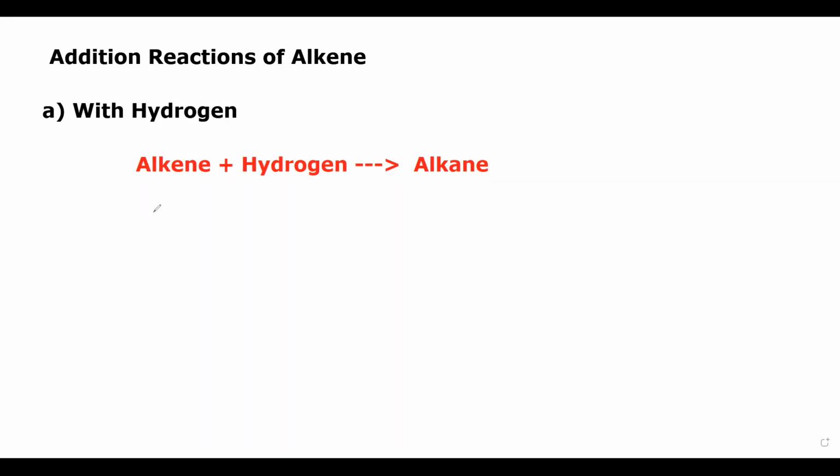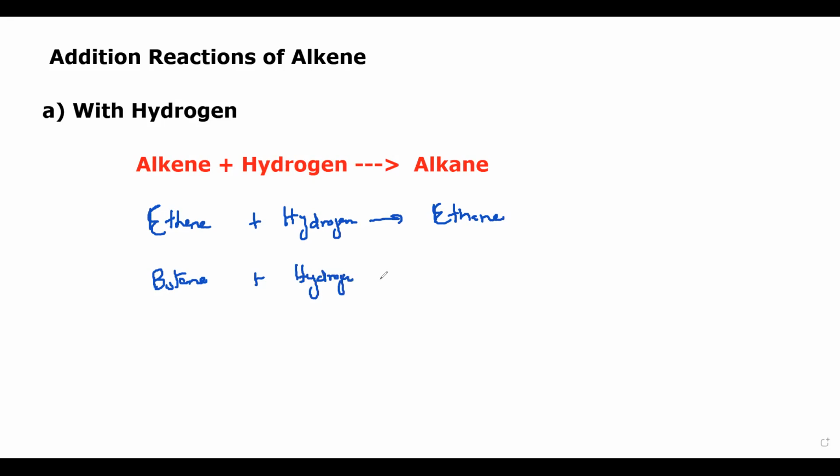For example, if we have ethene plus hydrogen, what will be the product? The product will be ethane. If we have butene plus hydrogen, what will be the product?